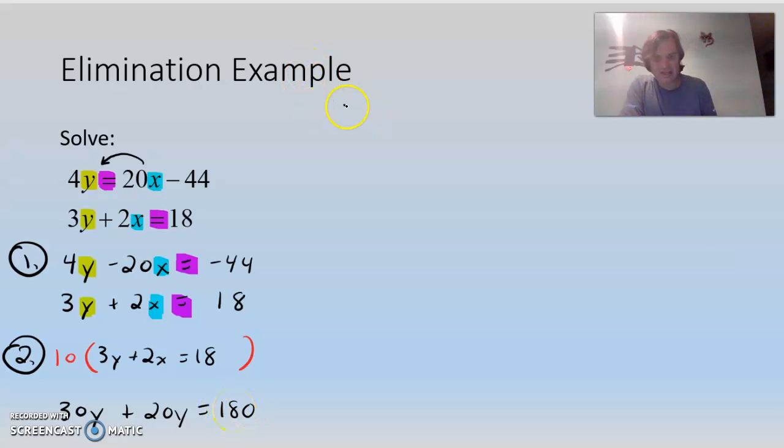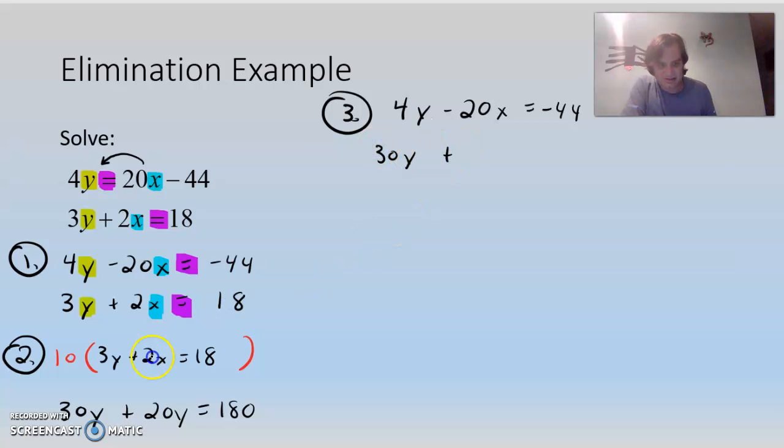So let's take the original first equation, 4y minus 20x equals negative 44, and put that over what we just found, the 30y plus 20x equals 180, and we'll add them up.